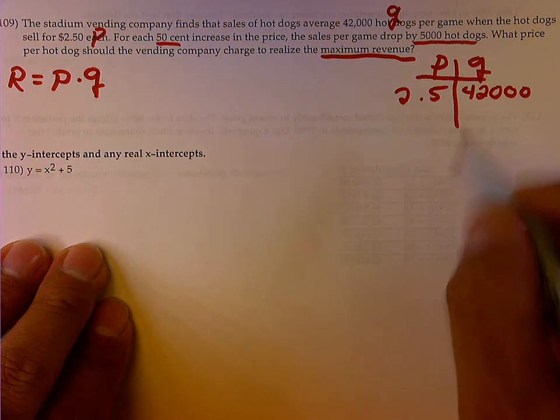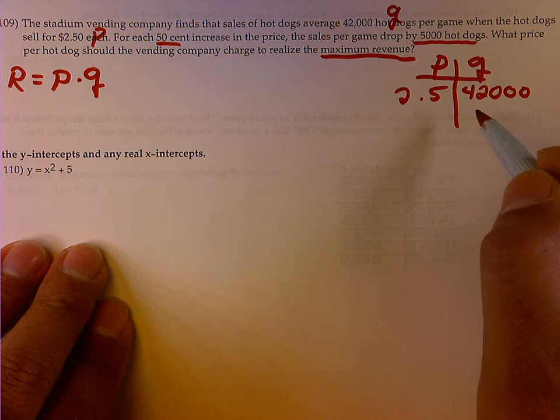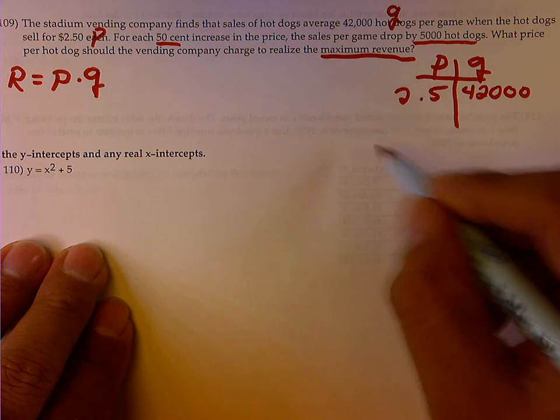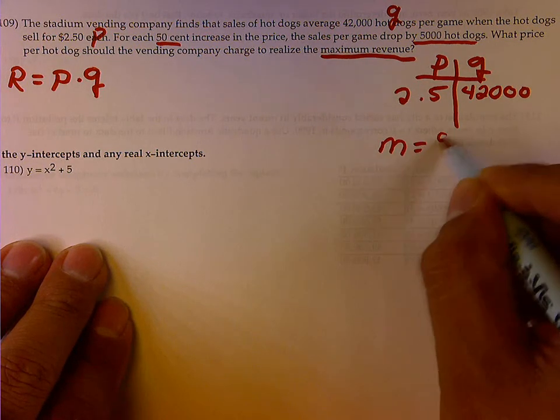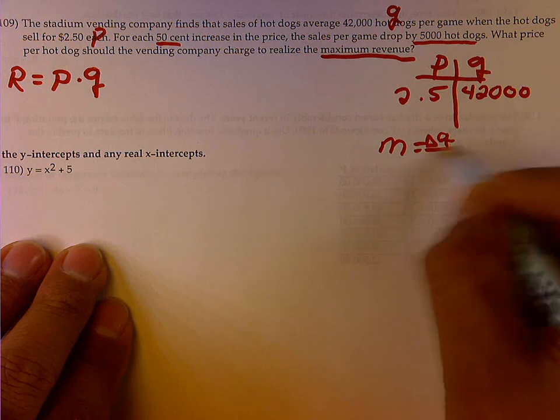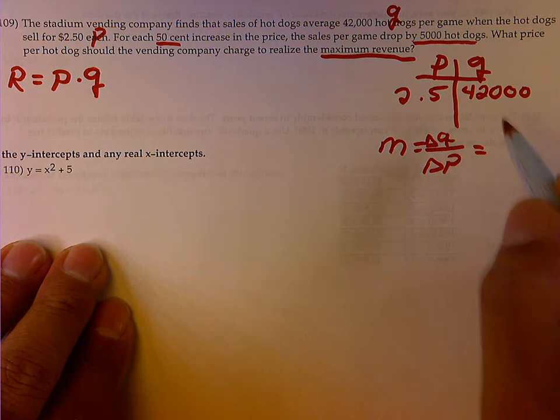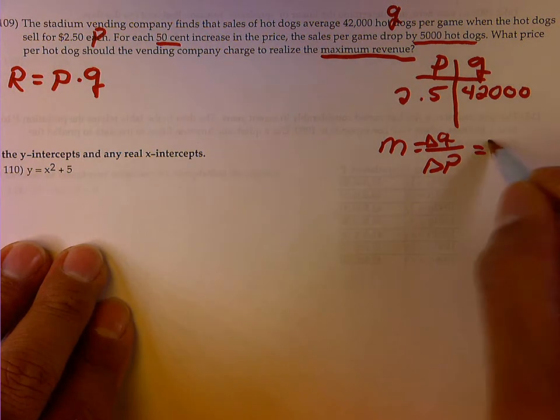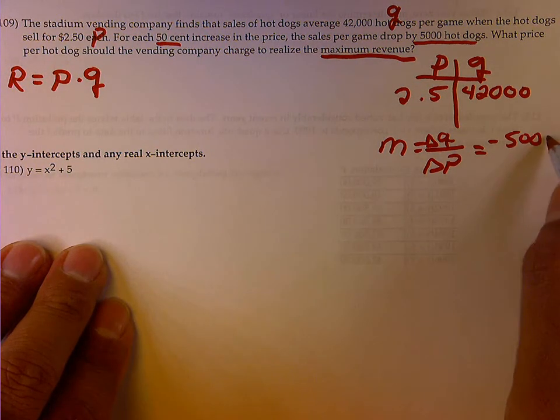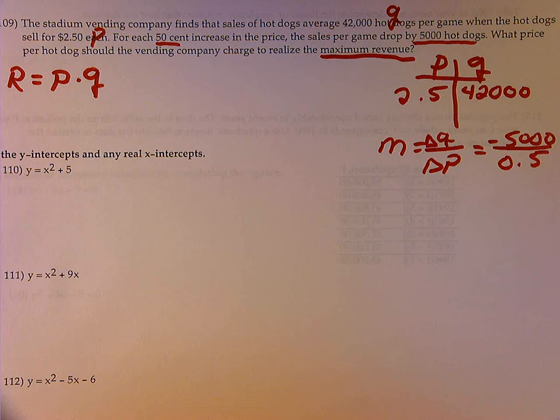In this case, my slope would represent a change in Q. So the slope would be delta Q over delta P, change in quantity over change in price. The quantity drops by 5,000 for a change in price of 50 cents.